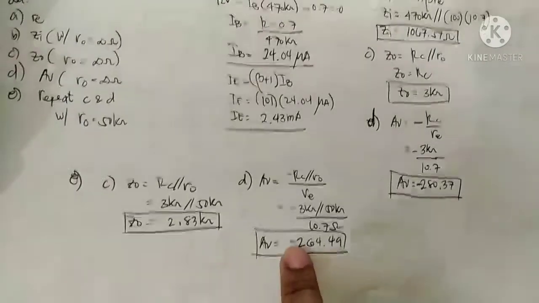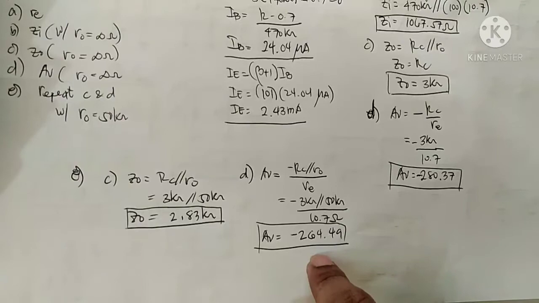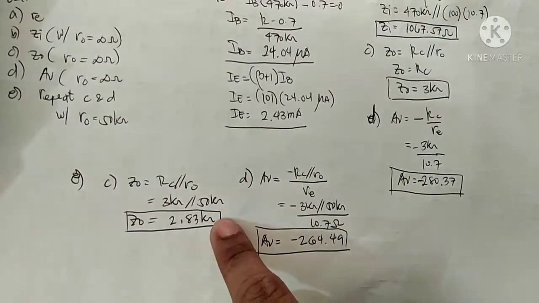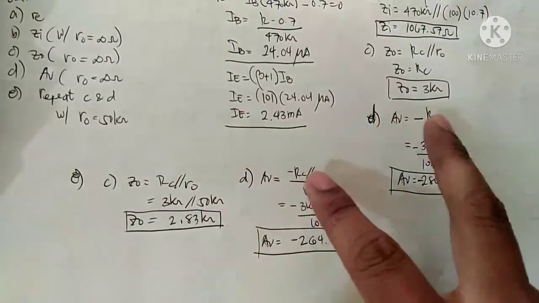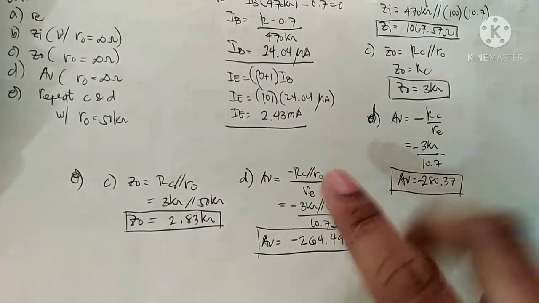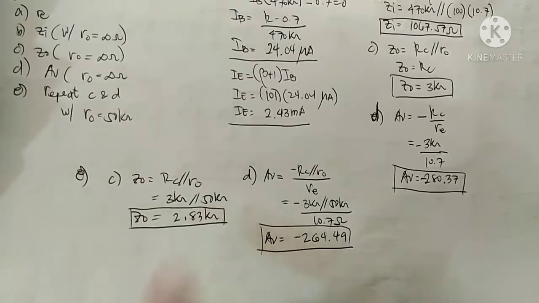The same with the voltage gain, the difference is small. Either you omit the RO or you include the RO, both are correct, but the most exact answer is the one that considers the value of RO in this situation.